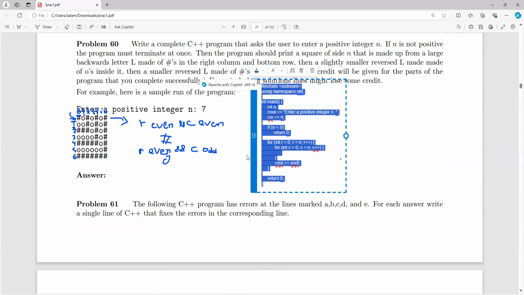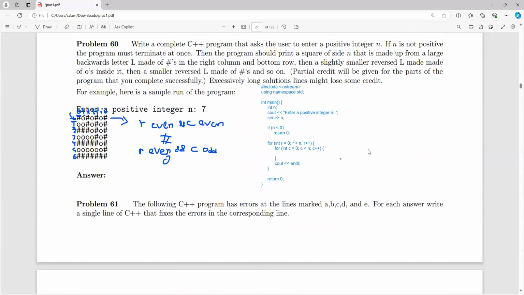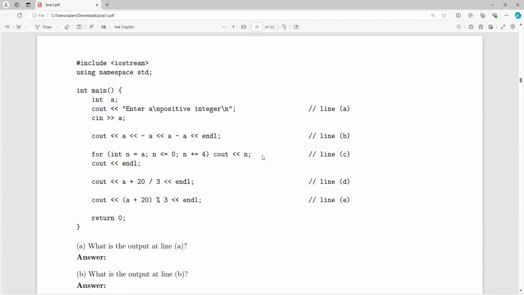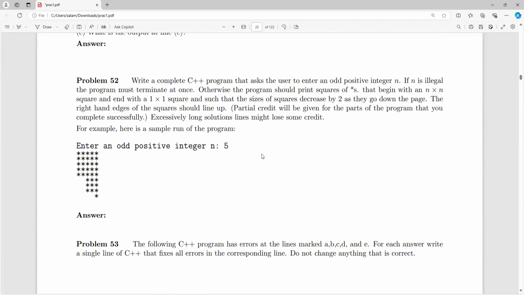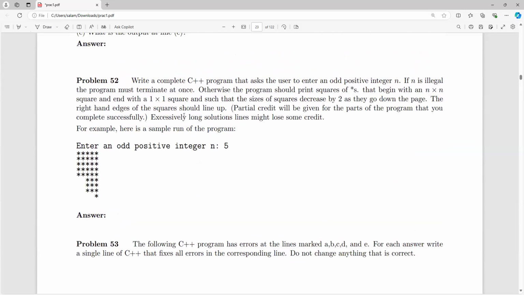A bulk of this is in the if statement, so if you have all of this, that's still a decent amount of partial credit. She gives a lot of partial credit, so you shouldn't worry about that. Don't waste too much time on questions that are excessively difficult. Try to do what you can, and then split your time smartly.